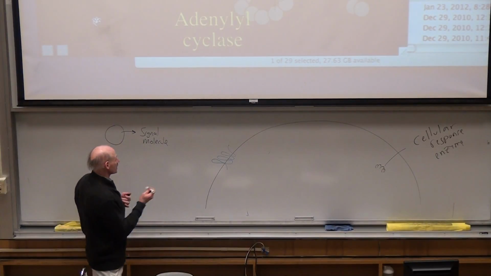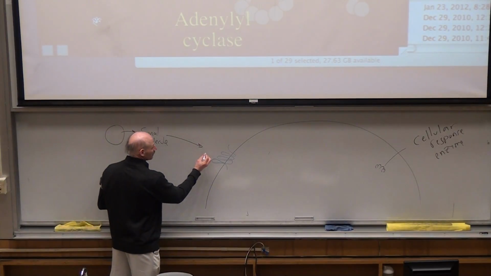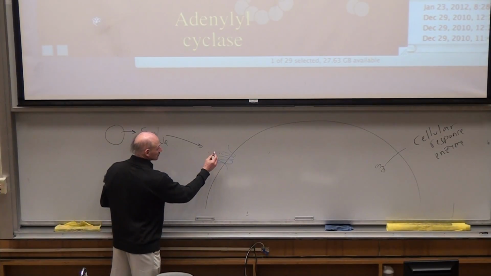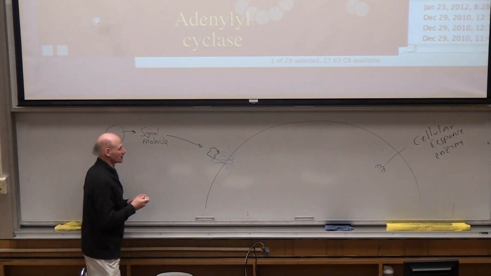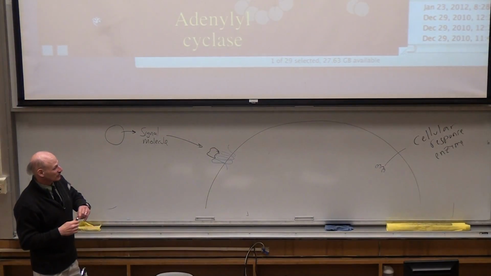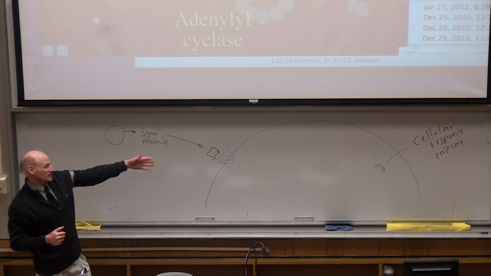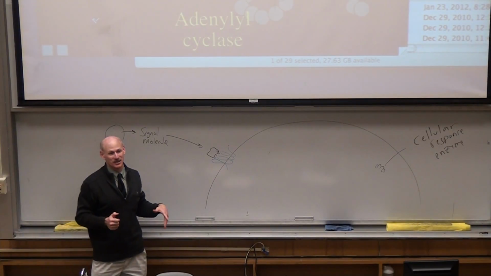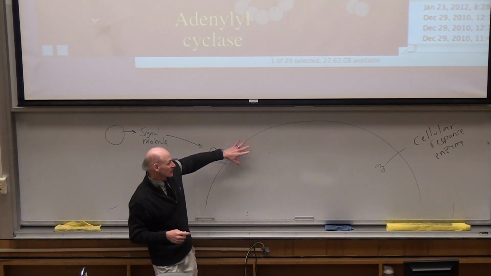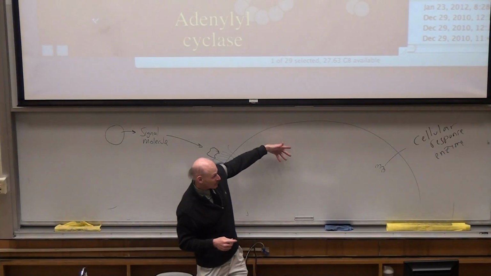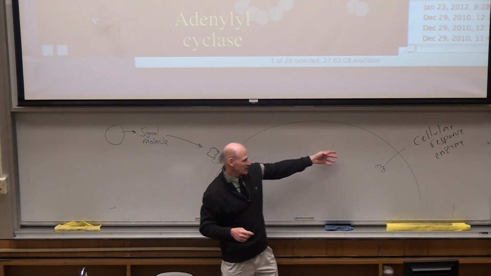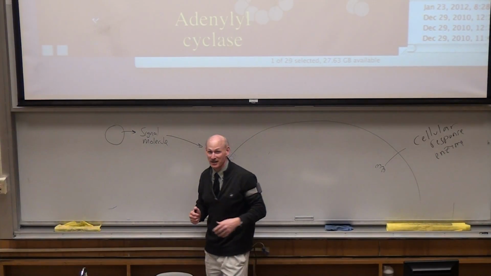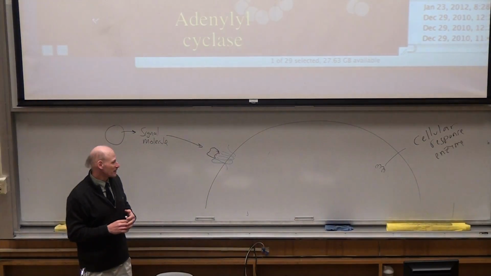And when they bind the signal molecule, I'll use that as a signal molecule shape. When they bind the signal molecule, remember that what happens is when a receptor binds a signal molecule, it has to activate what are called the relay proteins. And the relay proteins are proteins that eventually, one activates another, activates another, activates another, until you eventually get down to activating the cellular response enzyme.